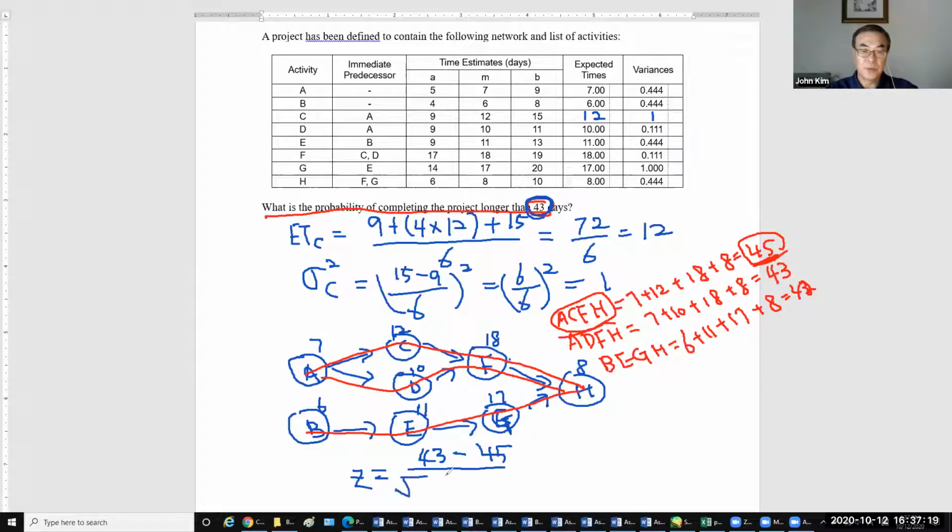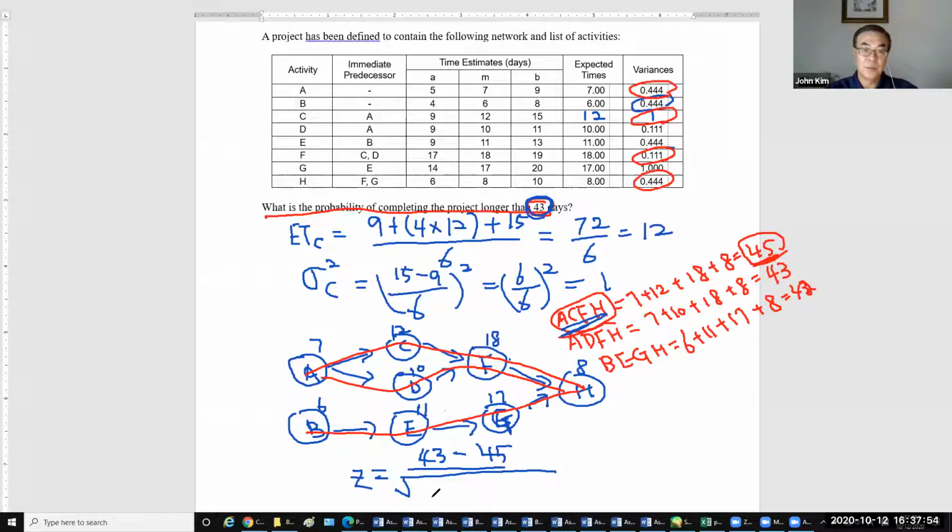Then the square root of the variance on the critical path. So the critical path is ACFH, A, C, F, H.